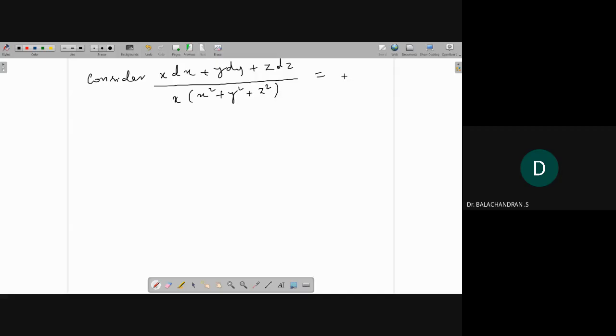The second ratio is dy by 2xy. So cancel x and x.